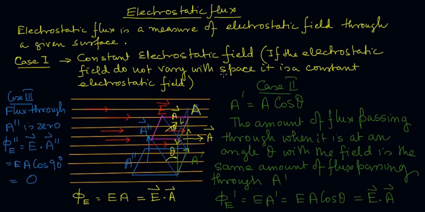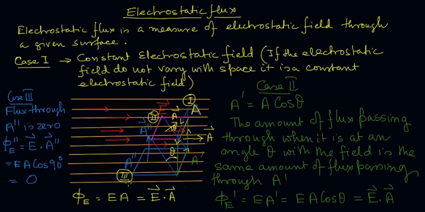So let me point these arrows, right? So this is case 1. Let me take yellow, it will be bright. This area is case 1, this area is case 2, and this area is case 3. Fine.